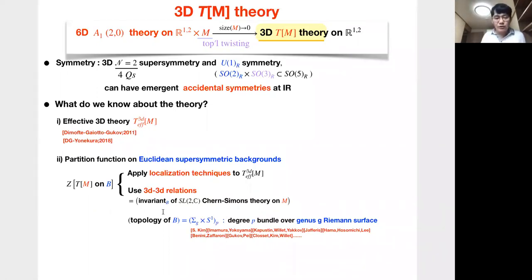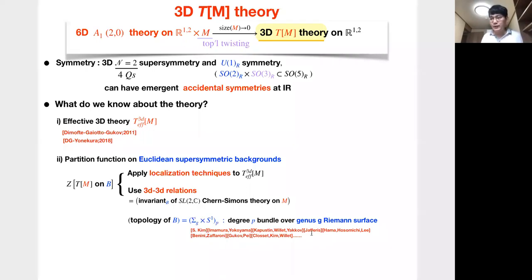In my talk, I am considering the supersymmetric background whose topology is given by a degree p bundle of genus g Riemann surfaces. Many people have studied localization on this background.